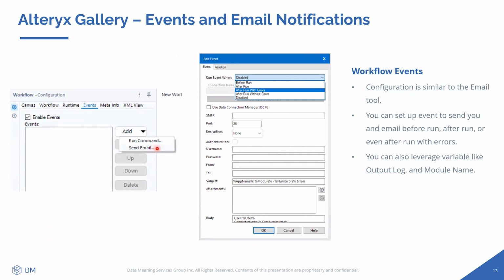The other option is send email, which is this view that I am presenting in the middle, where you can trigger email notifications before the run, after run with errors, after run without errors, or just disable it. So this is where you can set up email notifications based on workflow events. This is pretty useful.